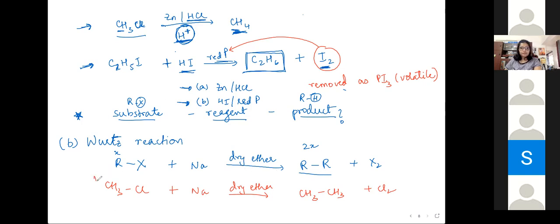So I started off with one carbon atom. I ended up with a two carbon atom product. Methyl halide gave me ethane. So same substrate, but with this particular reagent, I'm getting a different product. That's why we are learning it as a different reaction.